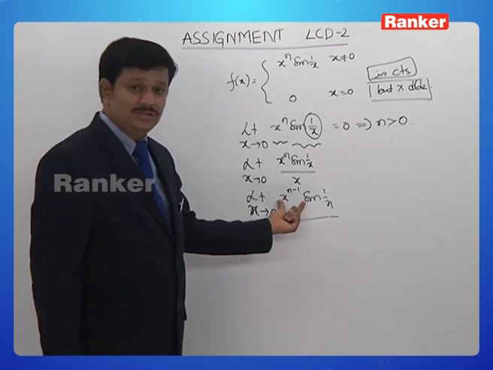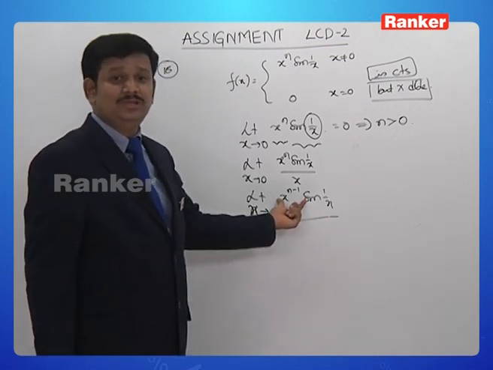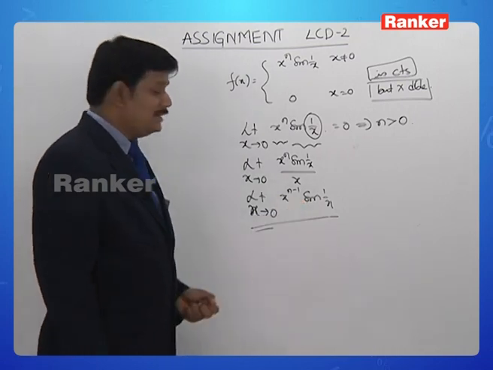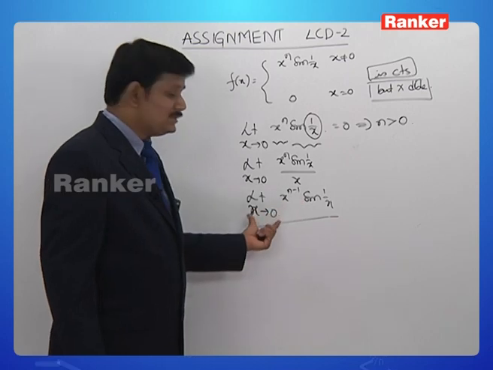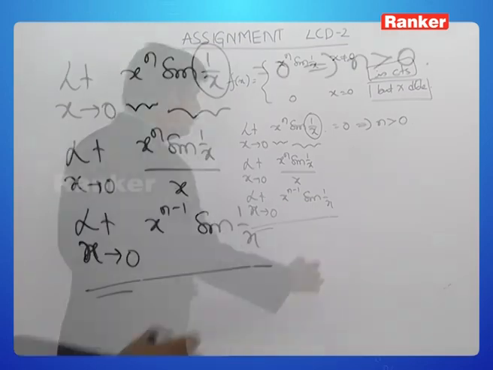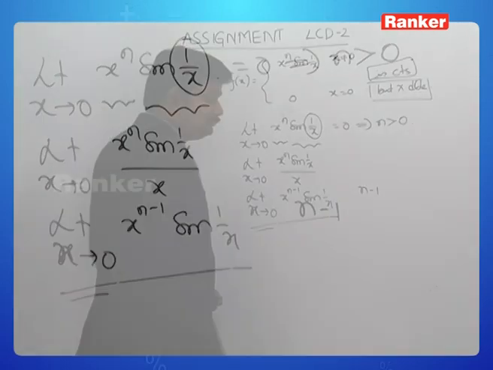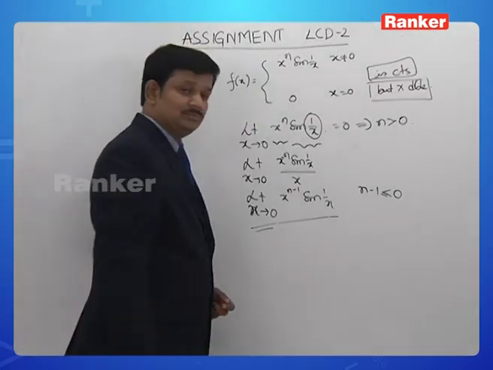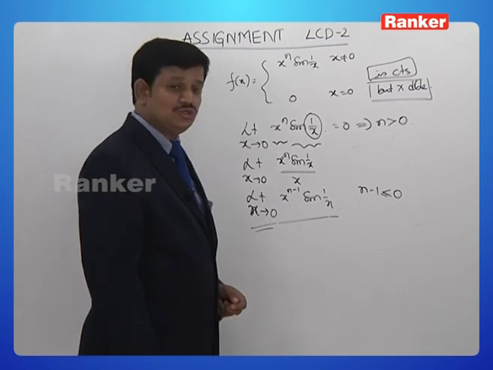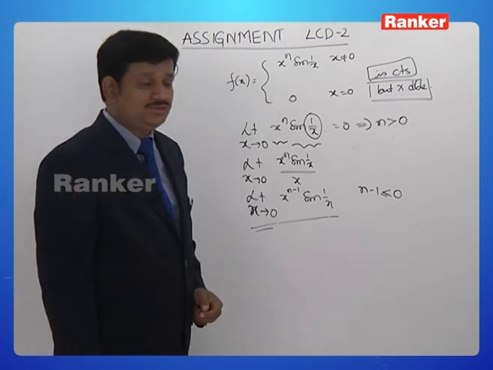Once this is 0, this limit exists and the function is going to be differentiable. So, x power n minus 1 should not tend to 0 as x tends to 0. So, n minus 1 should be less than or equal to 0.